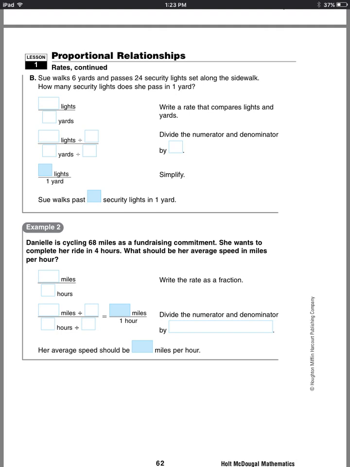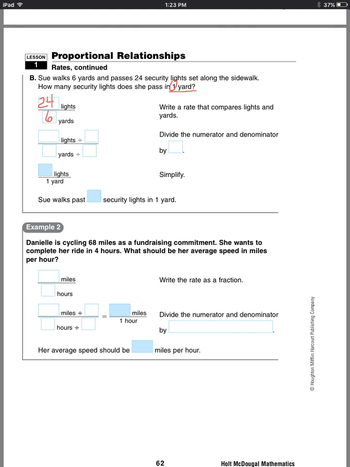Sue walks 6 yards and passes 24 security light sets along the sidewalk. How many security lights does she pass in 1 yard? Well, yards is what we want 1 of, so that's going to go in our denominator because we're looking for a unit rate. And we know she passed 24 lights in 6 yards.